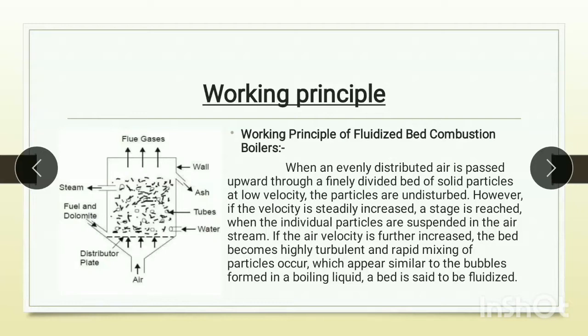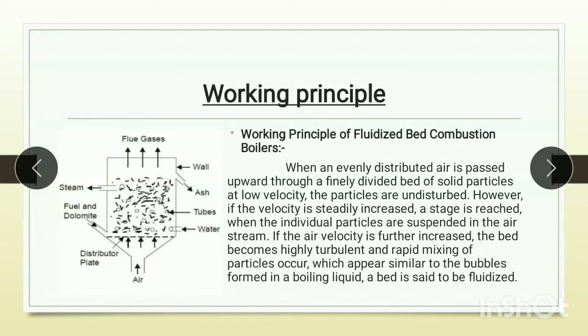Let's see the first component, then you will get to understand. This is the distributor plate on which we are going to feed some fuel with the dolomite mixture. That dolomite mixture is also called fine particles, which are used to circulate the heat.